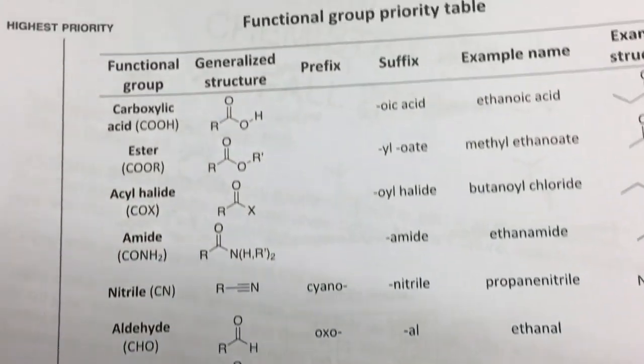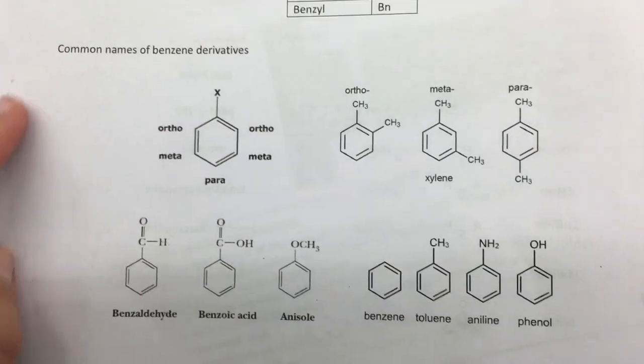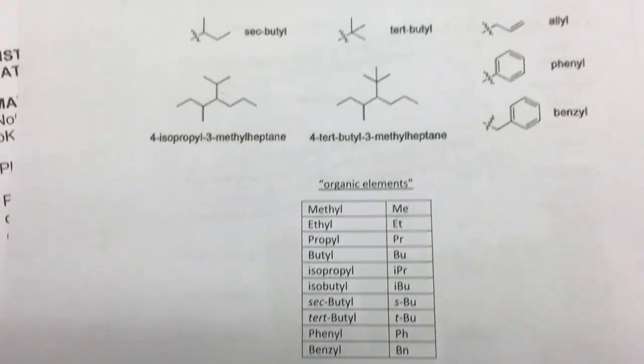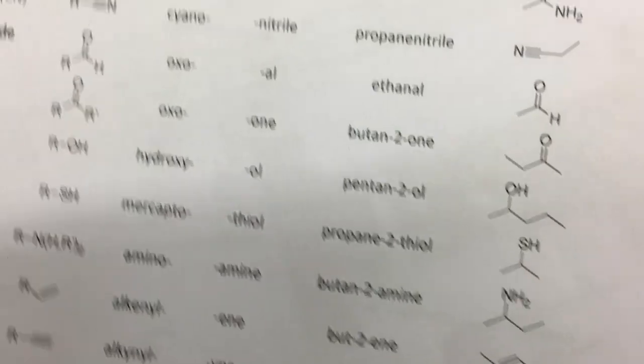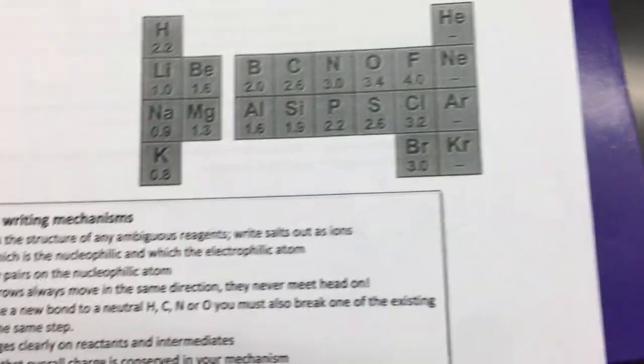And the nomenclature, all the functional groups. And then I mentioned before, here it has information for naming benzene derivatives. So you might want to take a closer look at these so that when you're at the exam, you know where information is and what information you're being given.